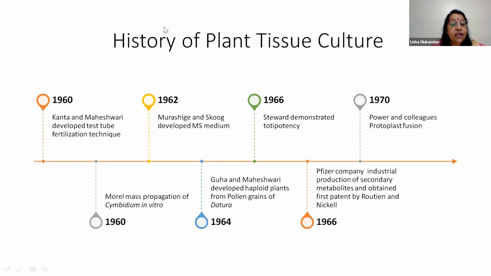You have also read the book on embryology by Bhojwani, and the original book by Maheshwari, because a lot of the work on microsporogenesis and embryogenesis has been done by Maheshwari and his students. So they developed test tube fertilization techniques.